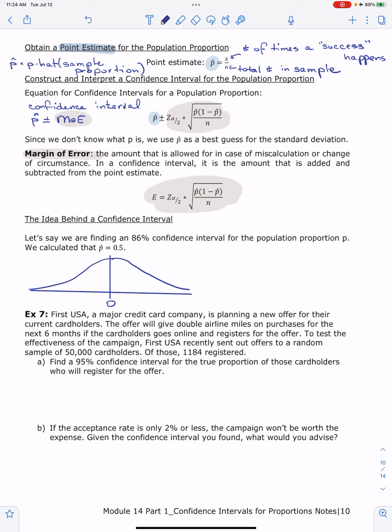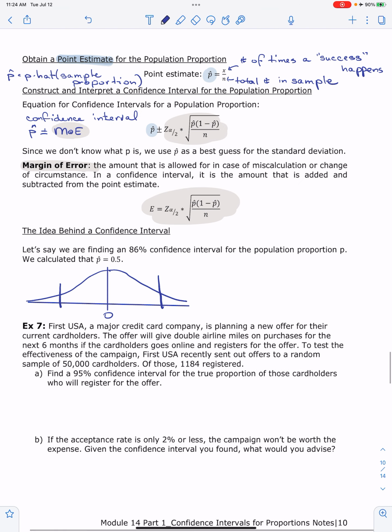Okay, so this 0 is holding the place for my p hat equals 0.5. And an 86% confidence interval means I want to figure out how far I go out so that our area under the curve here is 0.86. Okay.